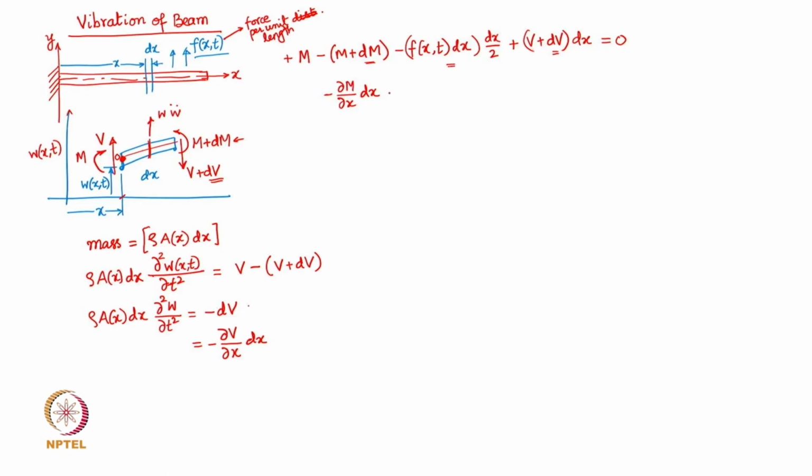On similar lines, I can write this as V dx, and although I can write this dV as dou V by dou x dx, since it is again going to get multiplied by dx, I can also ignore this term, and then what I am left with is the expression V is equal to dou M by dou x.